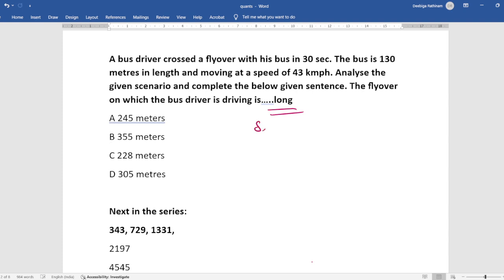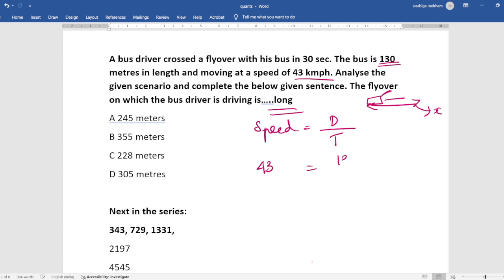We know that speed is equal to distance by time. They've given the speed as 43 kilometers per hour, and the distance is, since the bus is 130 meters in length and is traveling through the flyover, we'll have to take that length also. We'll take that length as x. The total distance the bus has driven is the length of the bus plus x.